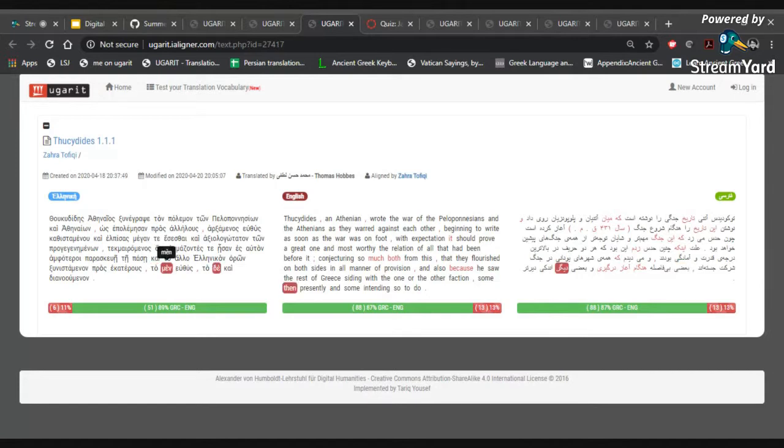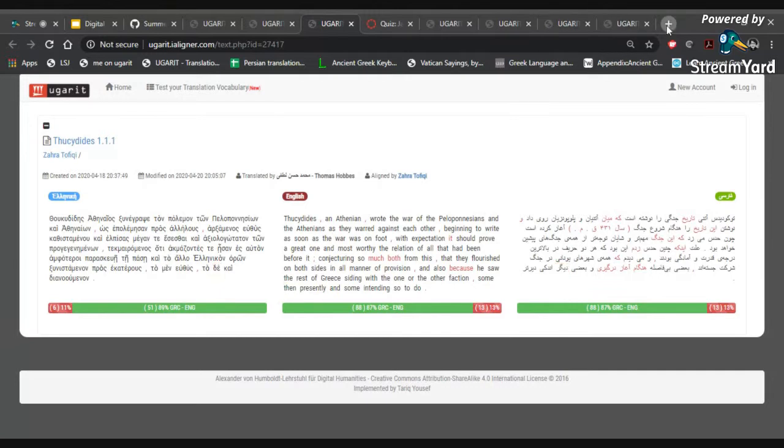Then we have men and de together aligned with "then" in English, and "digar", which means "other" in Persian. I actually would probably never translate the combination of men and de to "digar" in Persian, and I haven't.